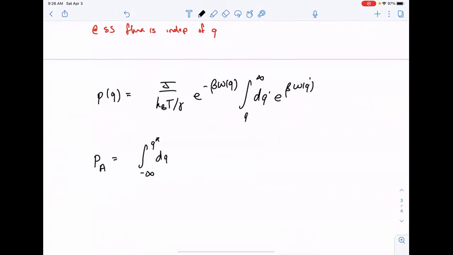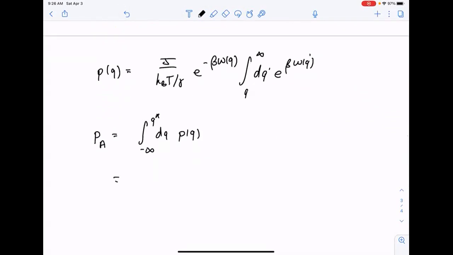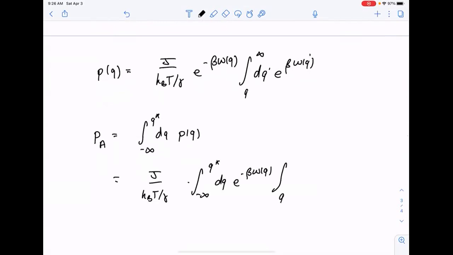That's the basin A of P of Q, which through our definition for what P of Q is, this integral equation, we have J, again a constant, kBT over gamma times an integral from minus infinity to Q star dQ e to the minus beta omega of Q, and another integral from Q to infinity dQ prime e to the beta omega of Q prime.